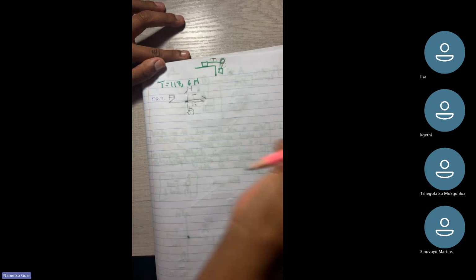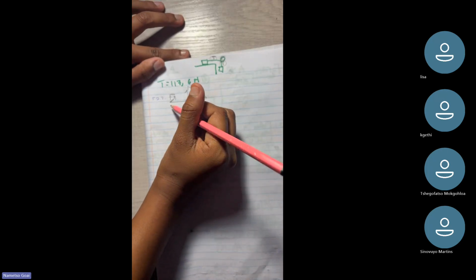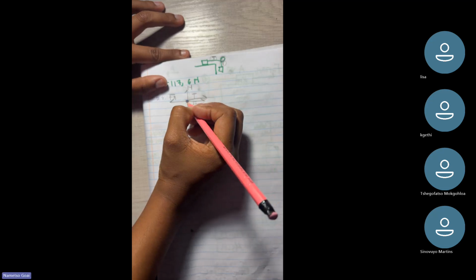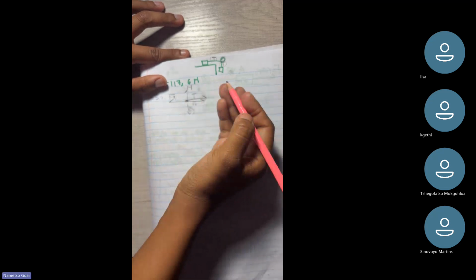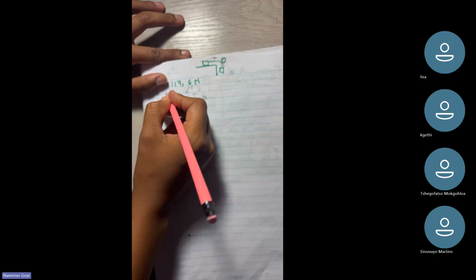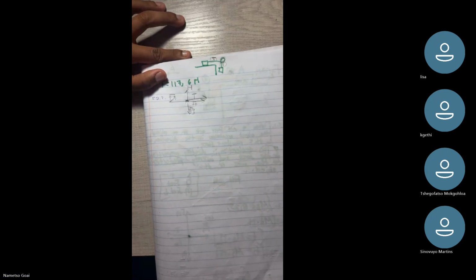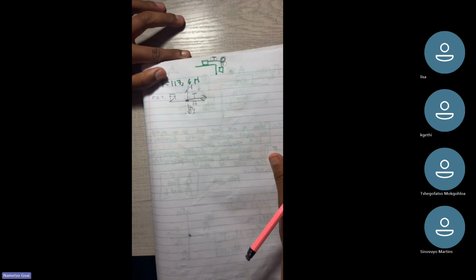Friction always acts in the opposite direction of the F applied. So if F applied is this side, friction has to be that side. They can't be on the same side.